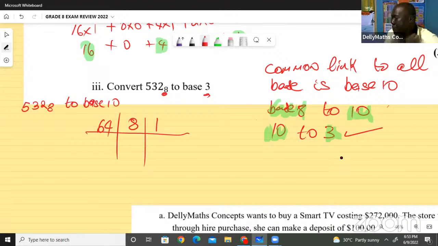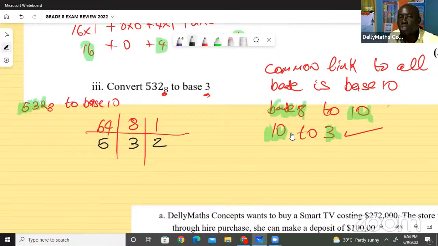The table for base 5 starts at 1 and then you keep multiplying by 5. So if you catch that little idea, you're good. In other words, every base starts at 1 and keeps multiplying by itself to produce the next column. So I have 1, then 8, then 64. Why did I stop at 64? It's because it's only 3 digits that I'm working with. So I need to provide enough information so that I could write those 3 digits under the columns.